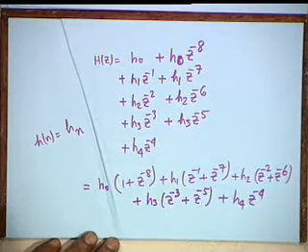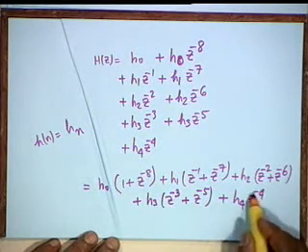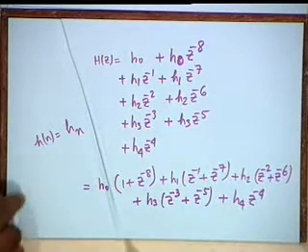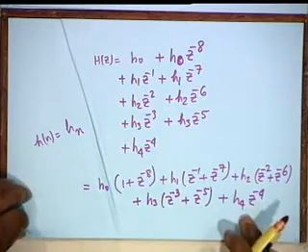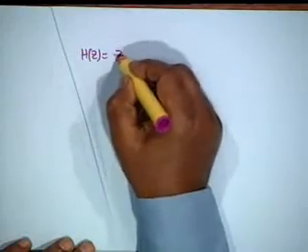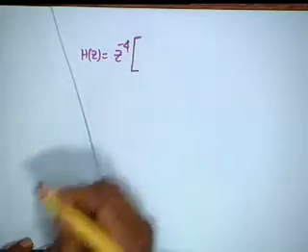Okay. If I take z to the minus 4 out, then h4 shall be left with no power of z. Agreed? So I do that.